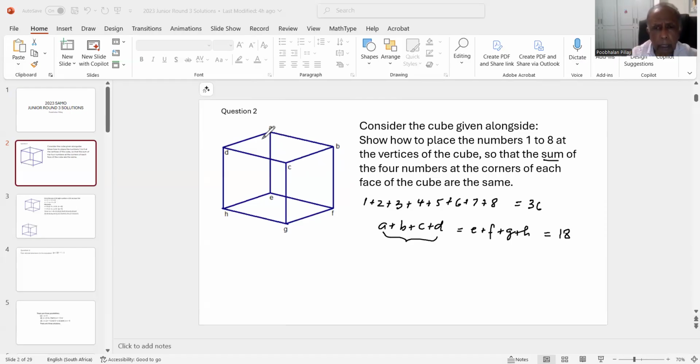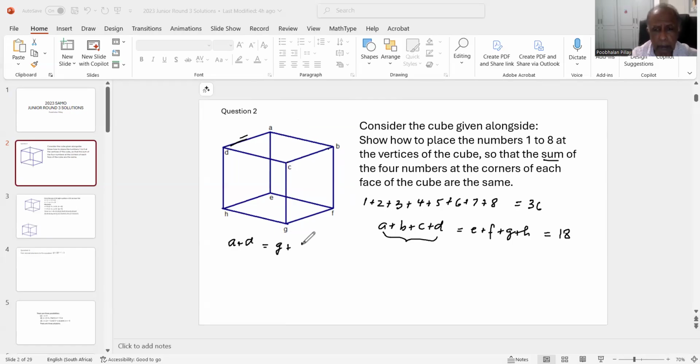Now, if these 2 numbers and those 2 numbers add up to 18, and these 2 also add up to 18, it means that the sum of these 2, A plus D, plus this is 18, and this plus that is 18.